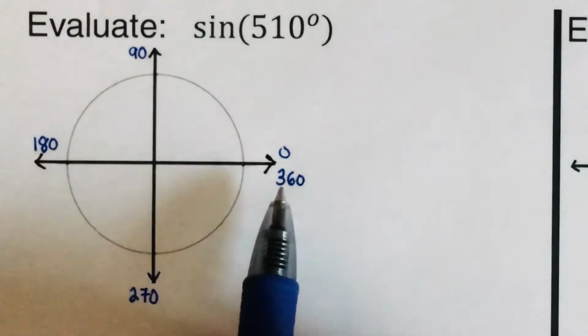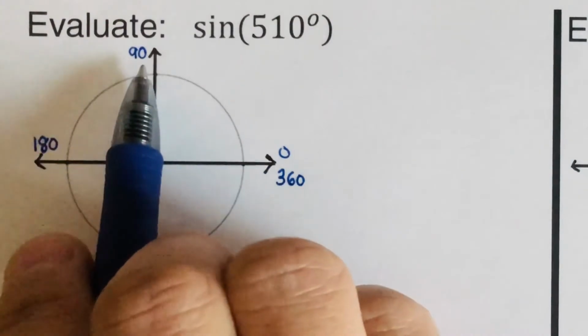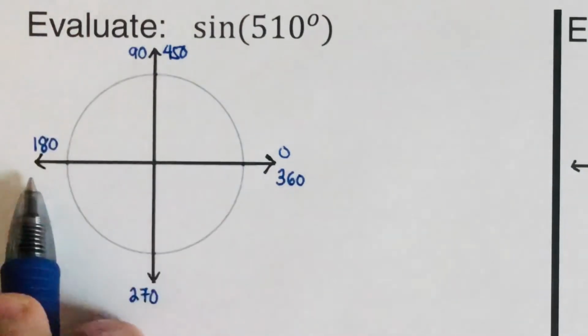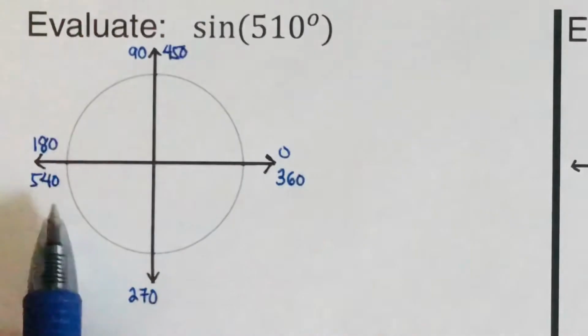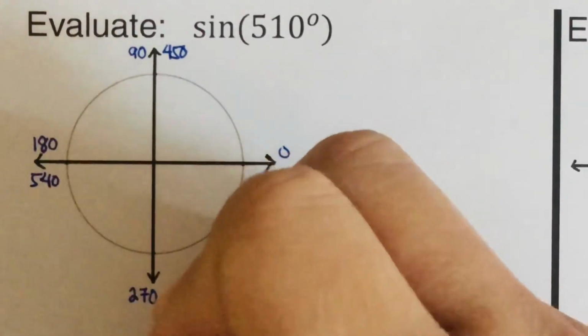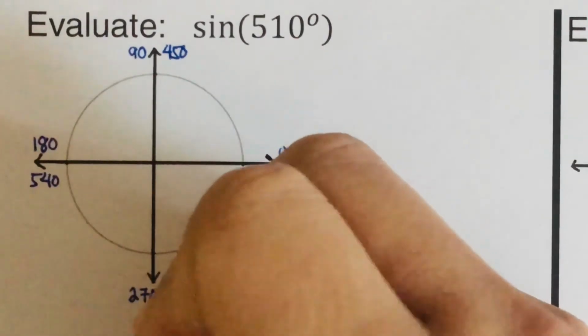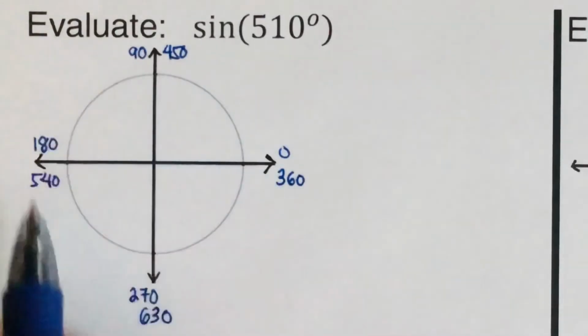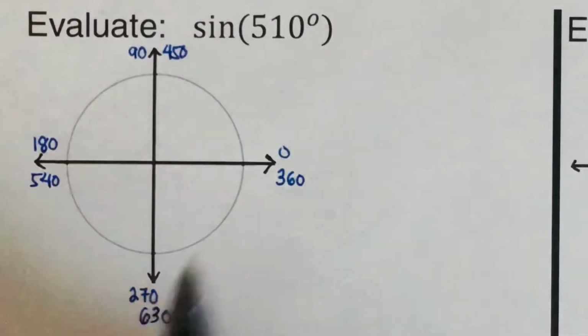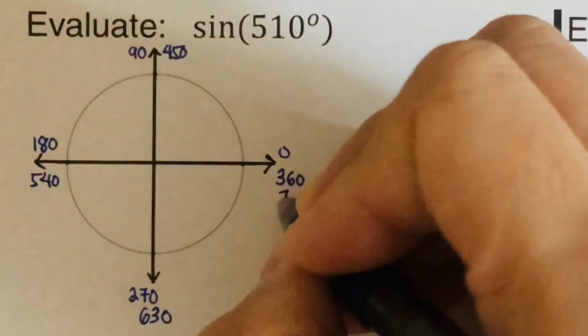From 360, we add another 90, so this comes out to 450. Then 450 plus 90 is 540, and 540 plus 90 is 630. I'm just going to write that down here. 630, and then two full turns would be 720, because 630 plus 90 is 720.